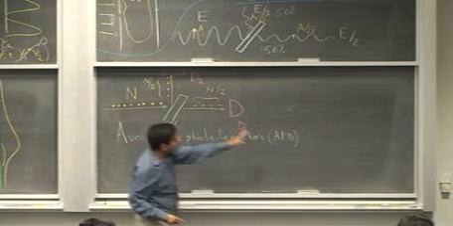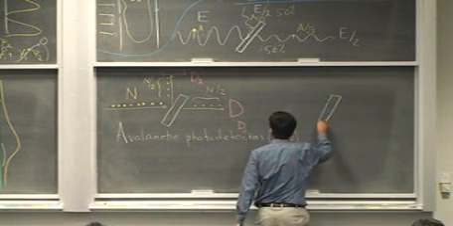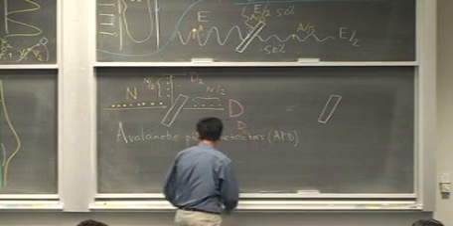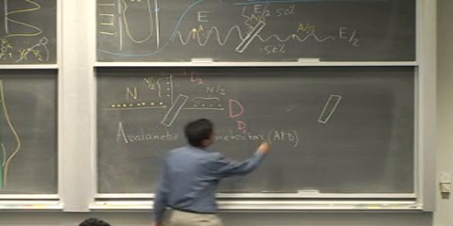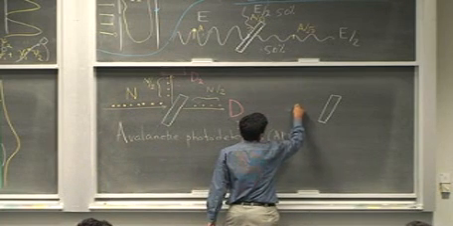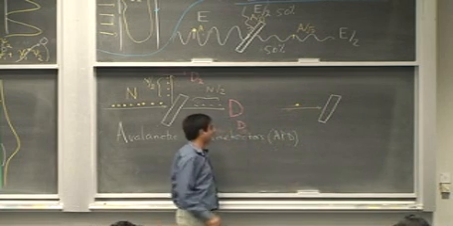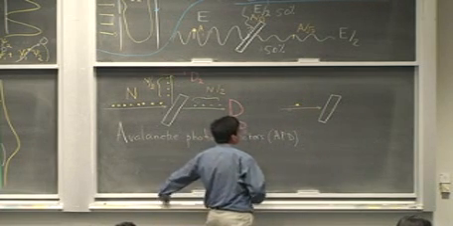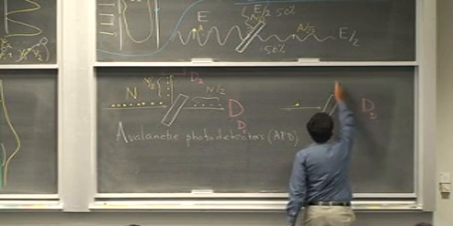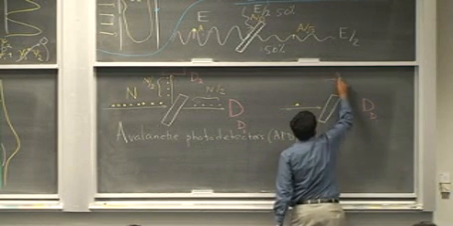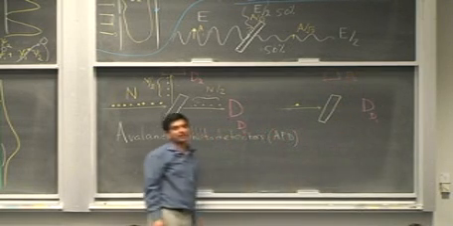Now let's look at another variant of this experiment. I have a beam splitter, and now instead of a stream of photons, a single photon comes in. And I have a detector D1, I have a detector D2. What's going to happen?